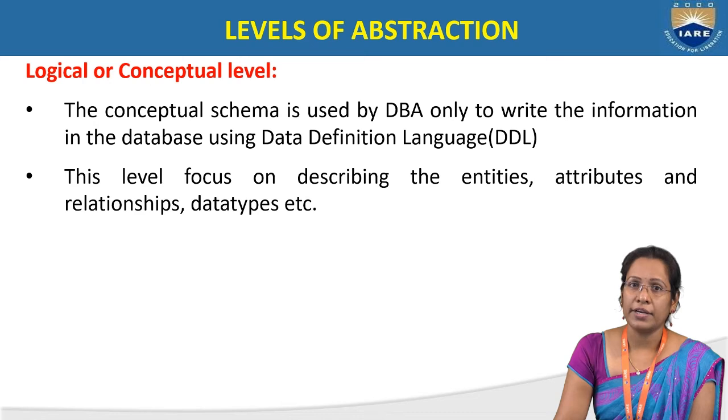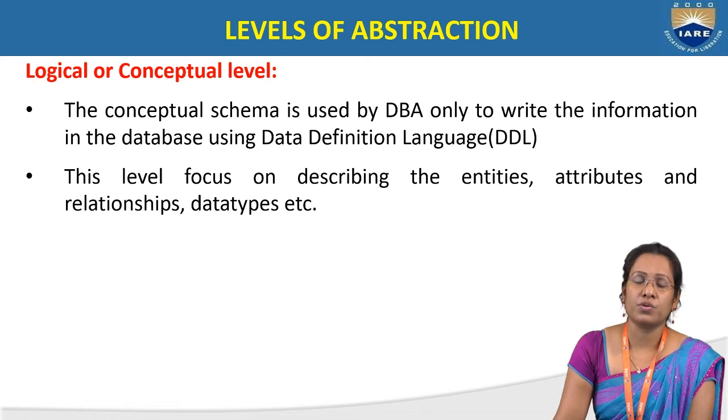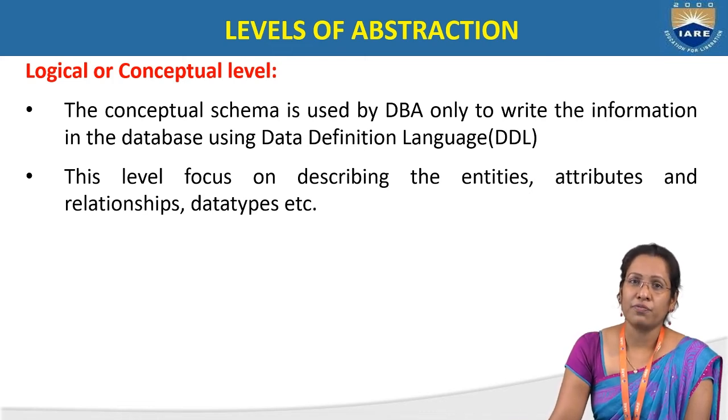So what are the attributes the student contains? Suppose the student contains student ID, student name, student course, student address, and so on. Student is the name of the table, which comes under the entity, and student ID, student name, student address are called the fields of the table, or else we can call them attributes of the table. So every time, the entity forms the name of the table and the attributes form the columns of the table.